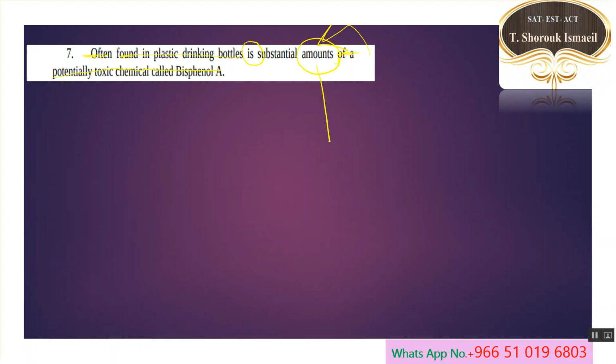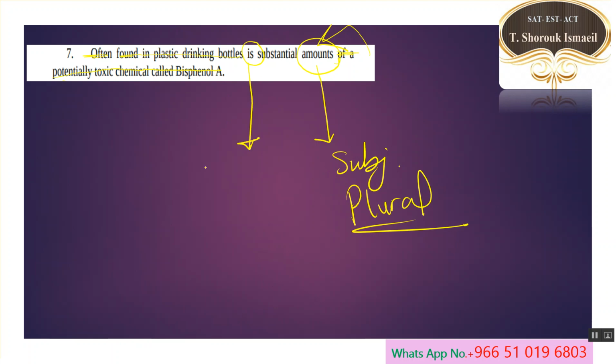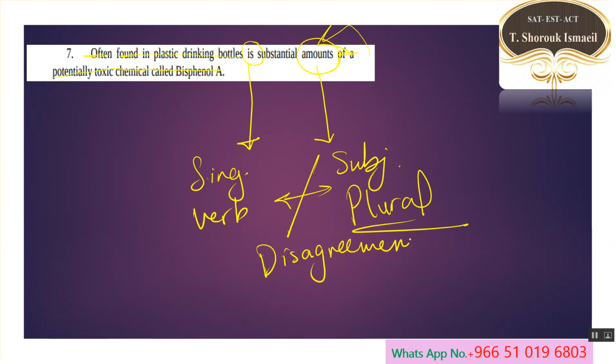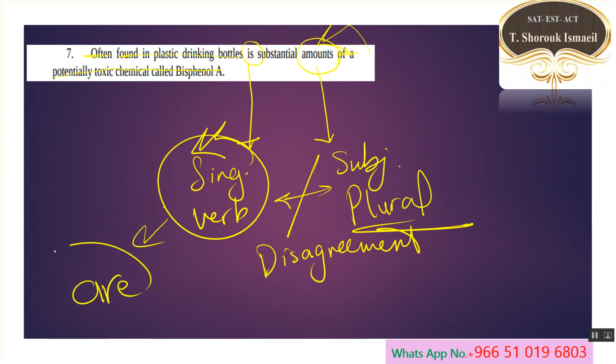So my subject here is amounts, and it is a plural subject, and my verb here is "is", and actually it is a singular verb. Here we find a disagreement. We don't agree together. How can I fix it? I need to fix my verb and make it plural. So I'll change it into an R. Verb are.